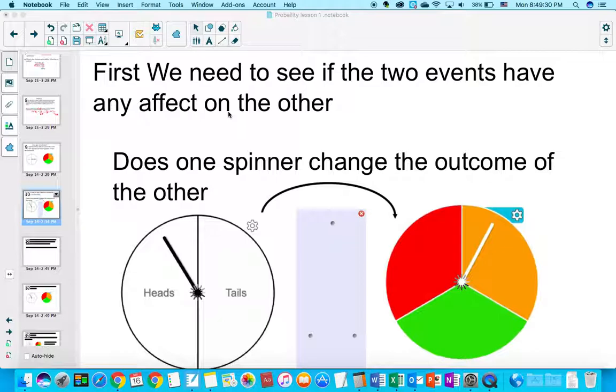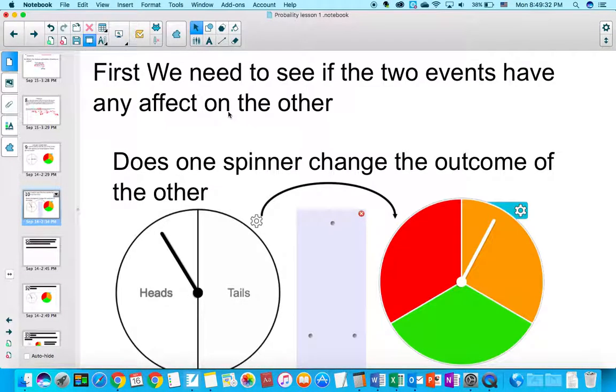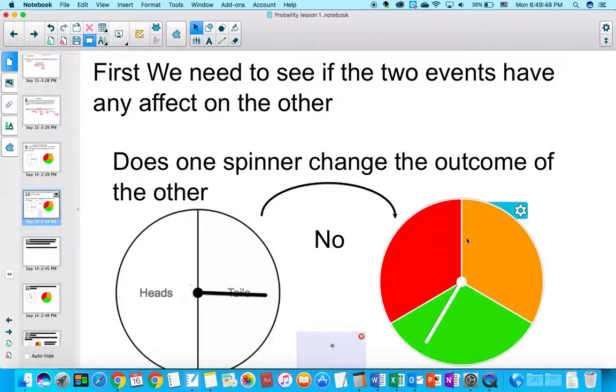Well, first we need to see if the events have an effect on each other. Does one affect the other outcome? If I spin this one, does that make one outcome more or less likely? No. If I get tails, it doesn't make red, orange or green more likely. Heads or tails on this side does not affect this side.